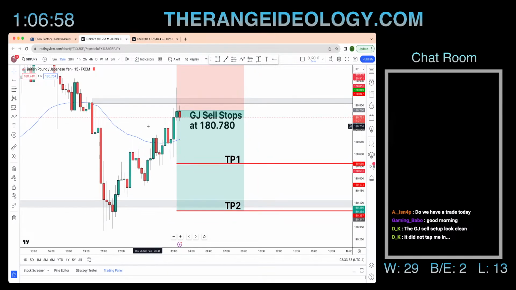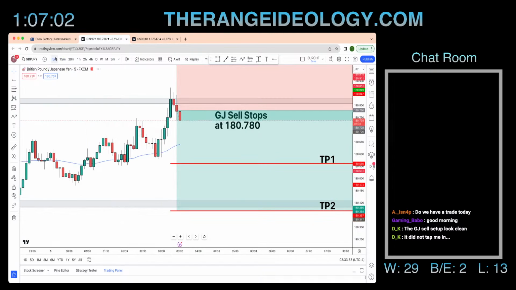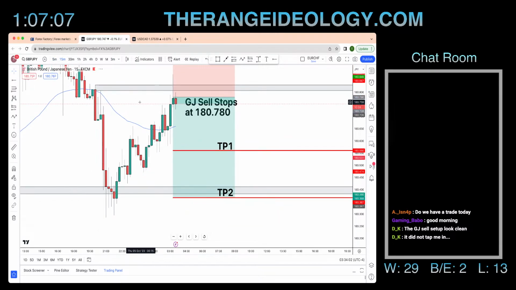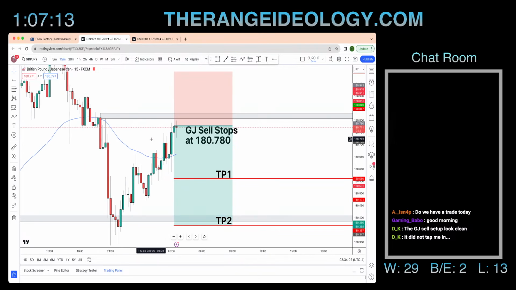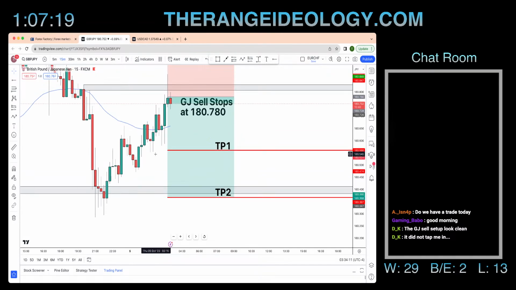But GJ we have in mind, and we are in the setup, and we could potentially see a full bearish push here, which will get us to our target, at least TP1. Adjust our stops to break even, and then look for the TP2 hit to close out this trade, and then even the potential reversal. But again, for that I may not be on the stream.